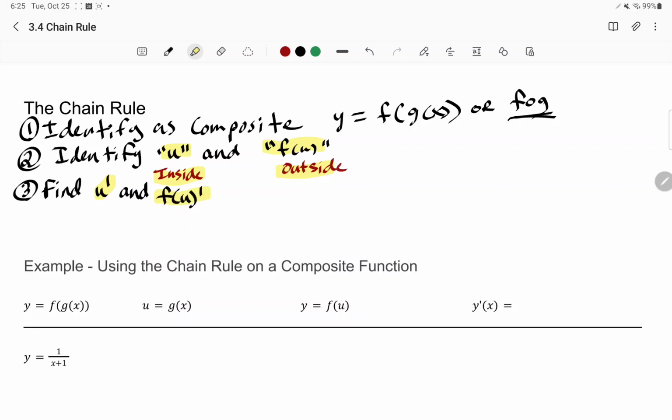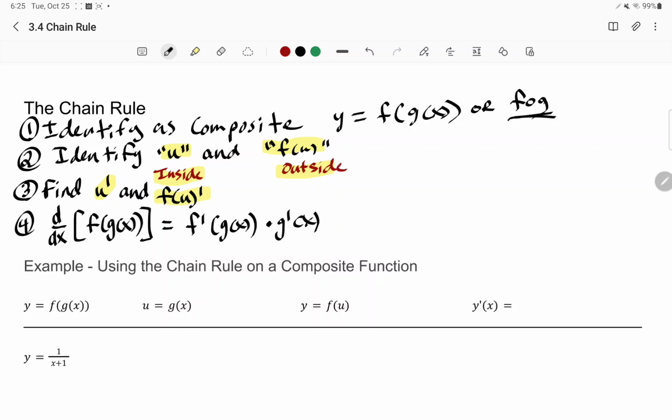Once you've done all of that, the fourth step is to go ahead and find the derivative of the function by taking the derivative of the outside. The derivative of the outside, times the derivative of the inside.